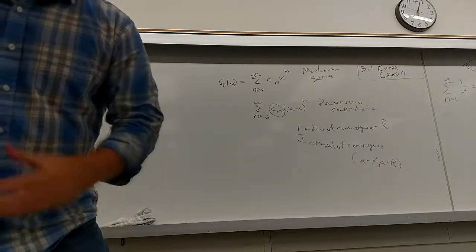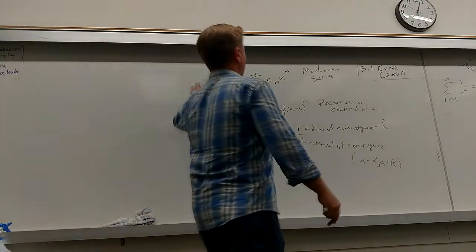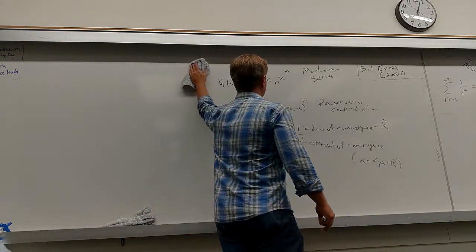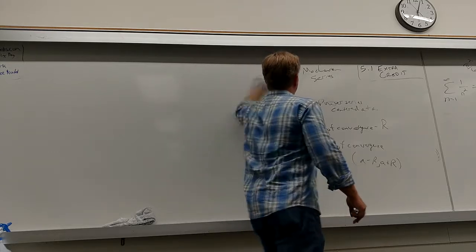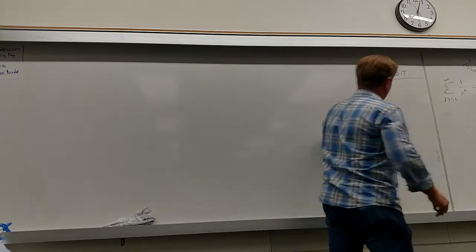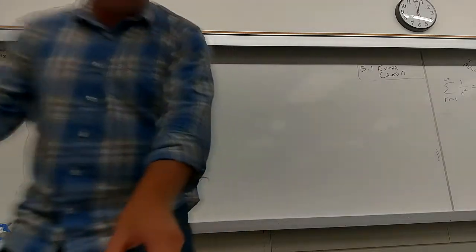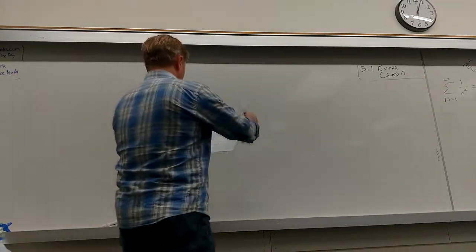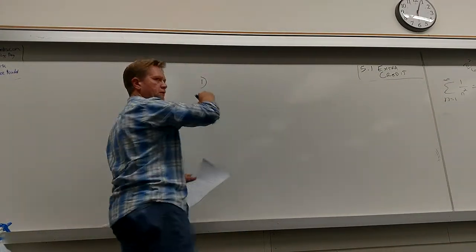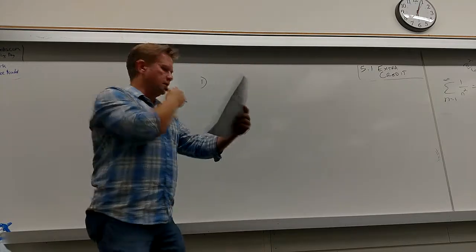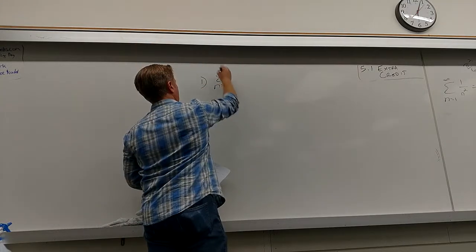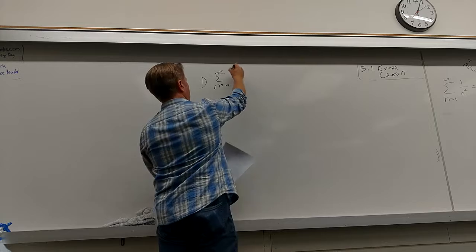So let's try some of this out. Let's see if you guys remember how this works. Let's do one of these together, and then I'll have you do the rest alone. Let's do the first one, the easiest one, together, because that's what teachers do. This is the very bottom of the page.